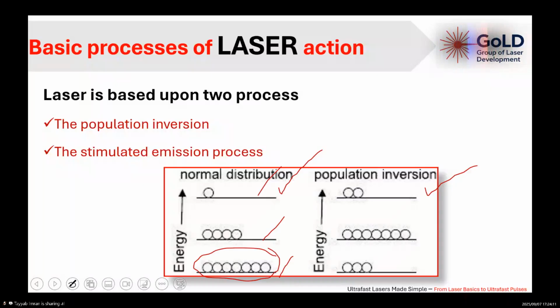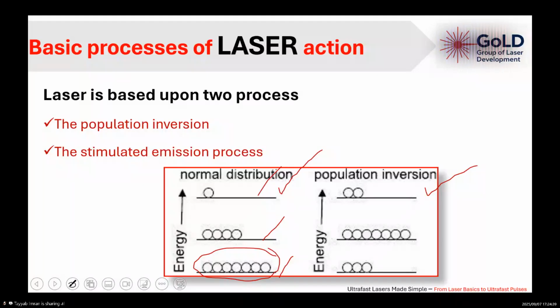So I should not say it in this way, because stimulation will only happen when the population inversion is there. Okay. Because it makes the electron fall from higher to the lower level. That is when we stimulate. Okay. And also stimulation helps to have a population inversion.